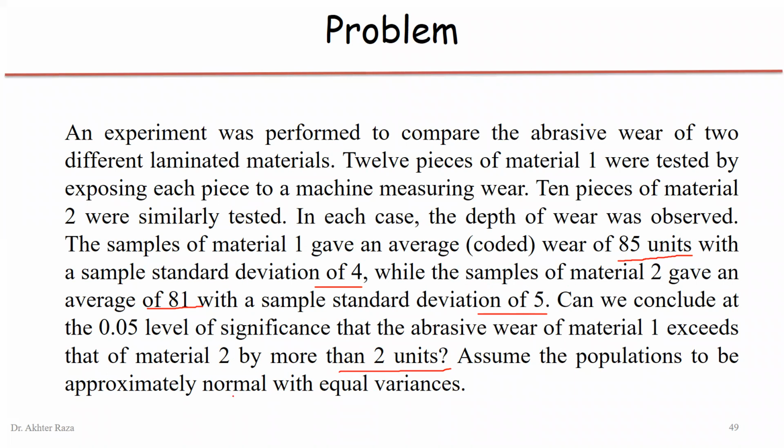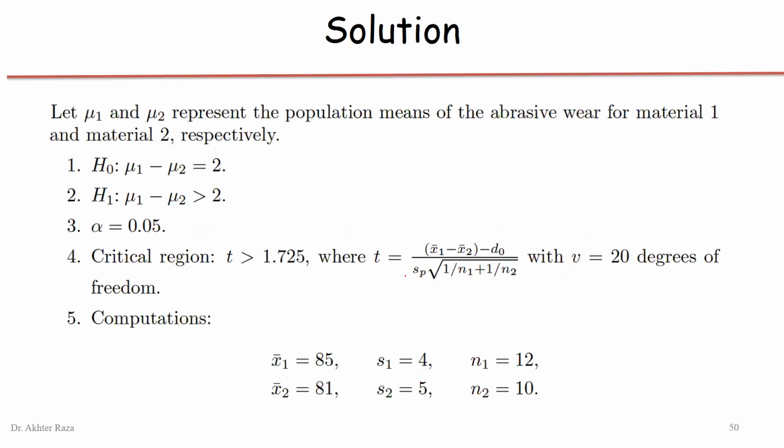Assuming the population to be approximately normal with equal variances, the last statement gives us the opportunity to solve the problem by the pooled t-test. The pooled t-test can be used to solve this problem.